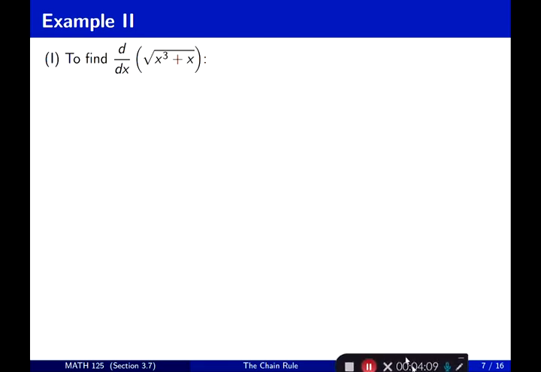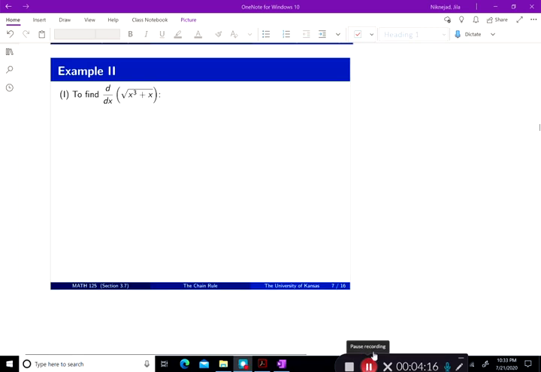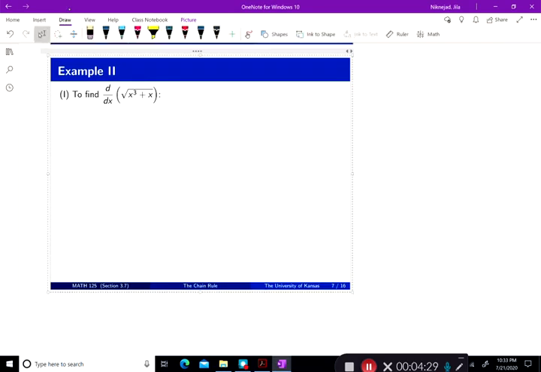Okay, so let's do a few examples. Example 1. Find the derivative with respect to x of the square root of x to the third plus x. The first step to solve this problem is to figure out what's the inside and what is the outside function when you're taking the derivative.